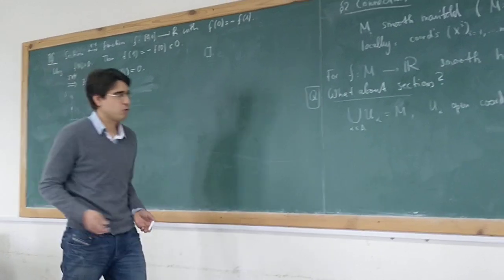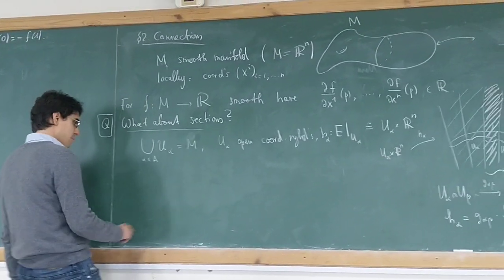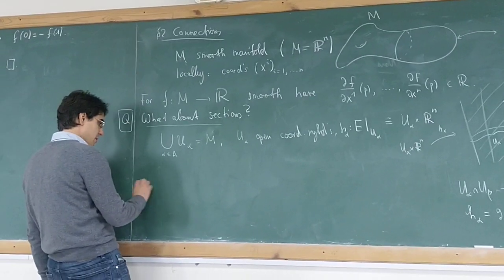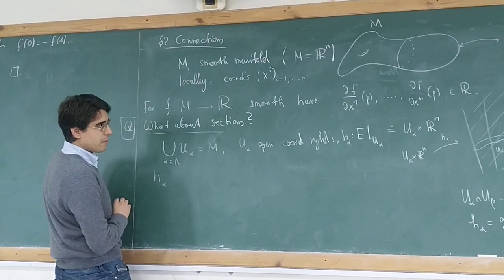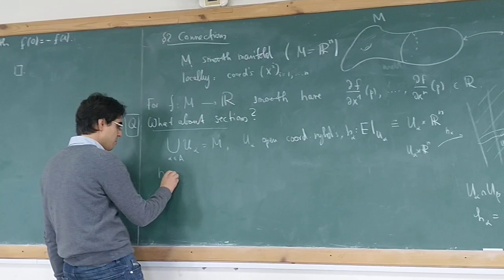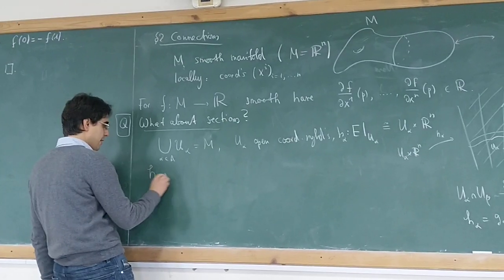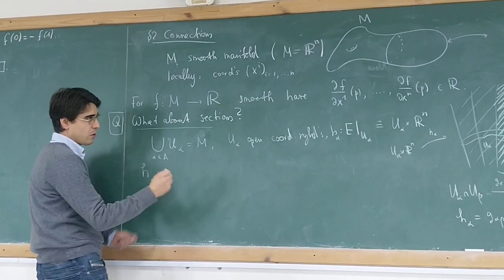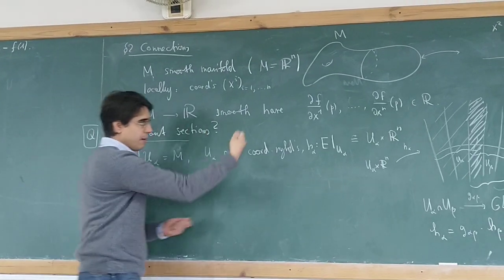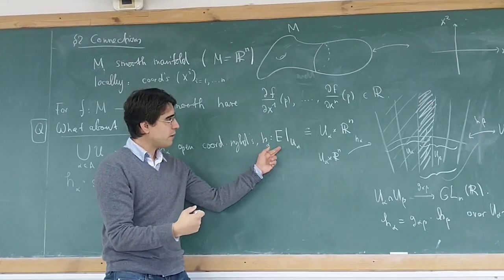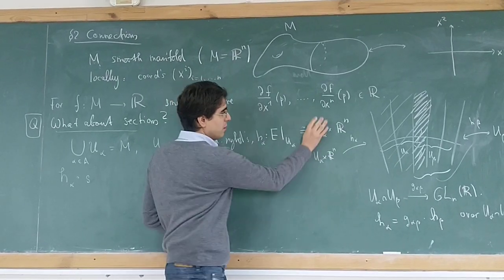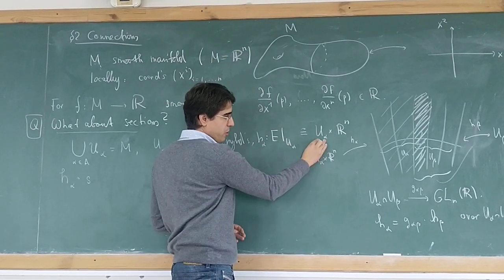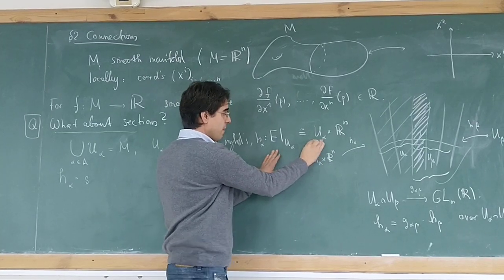So let's try this. Now, a bit more formally, I have to write H alpha composed with the section S. So S is a map which goes into E. And if I use H alpha, I get into U alpha cross Rn. So let's just forget about the U alpha part, since that part is just the identity anyways.